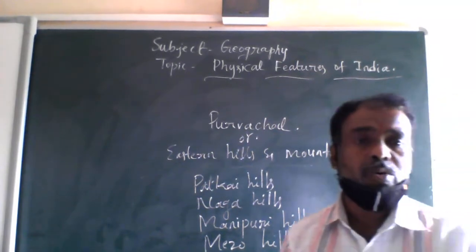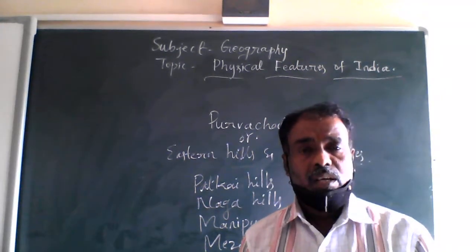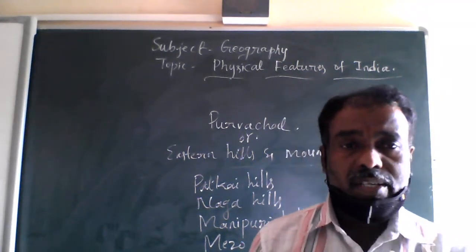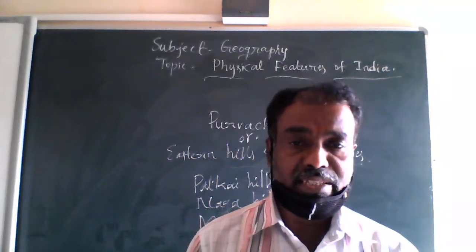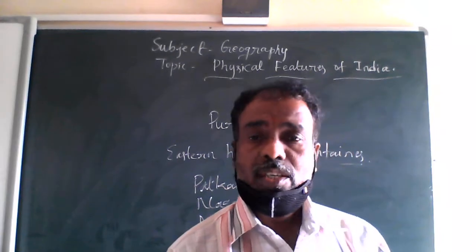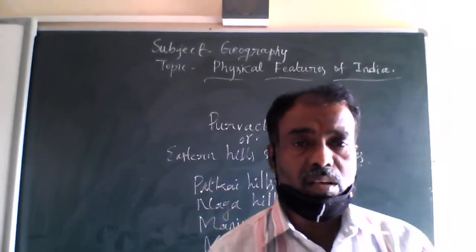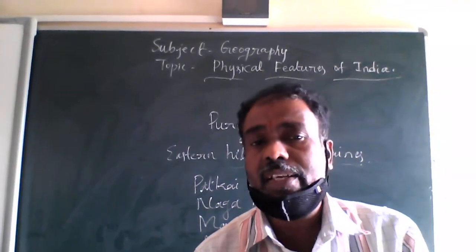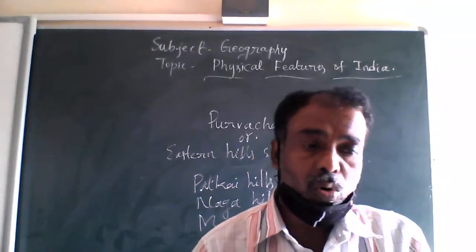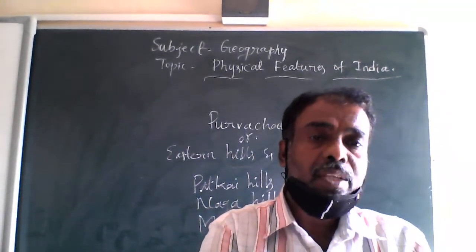So this is a short description of the Himalayan mountain ranges. Understood now? If you have any doubts, please call me and clear your doubts. Please keep it in your mind.